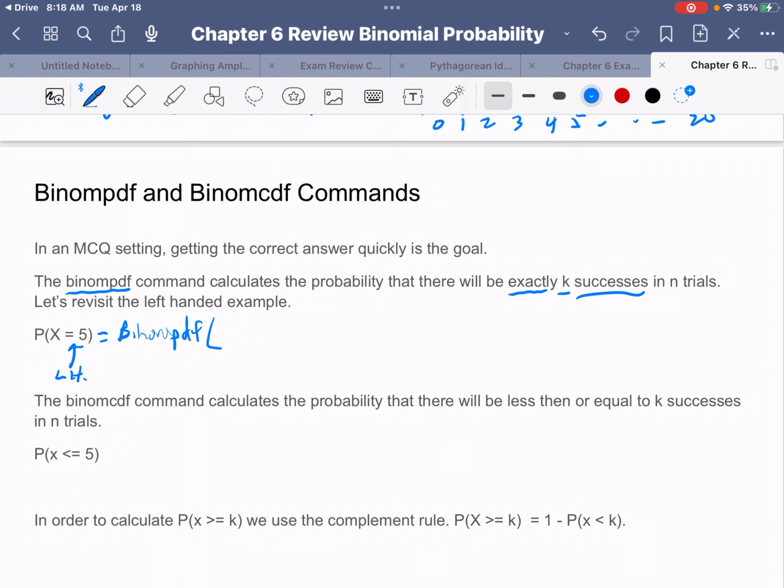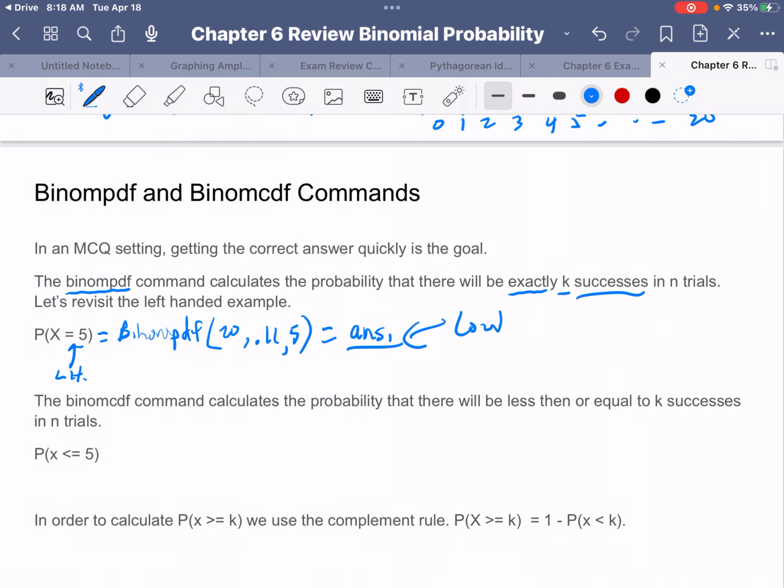It wants the number of trials, so if we were still choosing 20 people, comma, the probability of success. Well, for us, that was 0.11, 11% of the population is left-handed, comma, the number of successes. So those are the 3 numbers, and then the calculator will just spit out the answer. Again, this answer would probably be lowish.